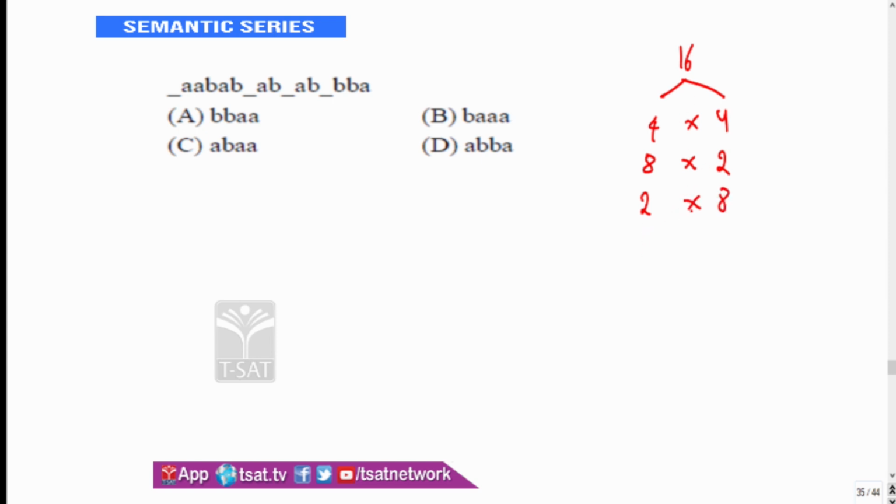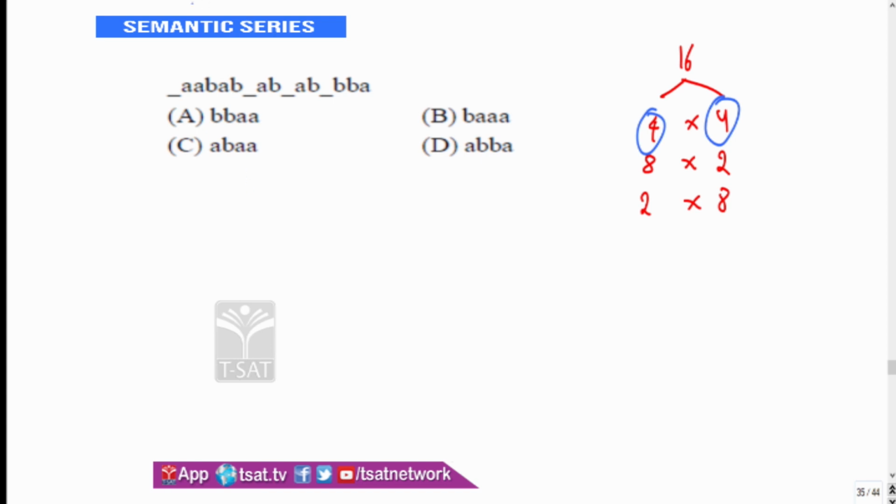These are the possible things. In this 16, I will always start with 4 blocks repeating 4 times, because in the examination there is always a probability that they will ask 4 blocks repeating 4 times in many questions.